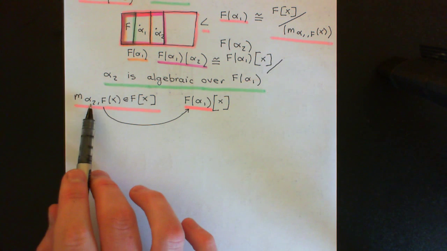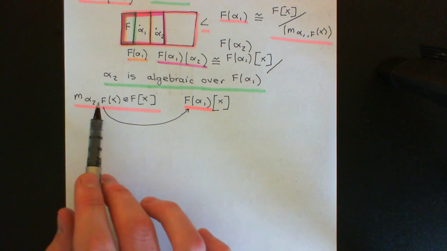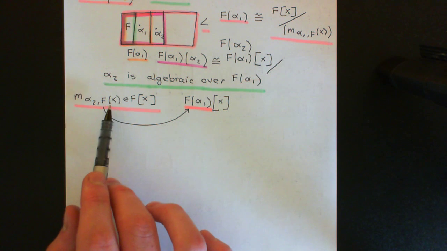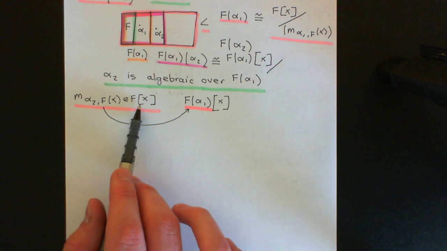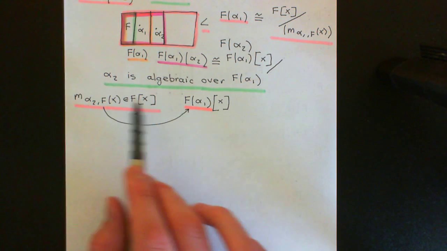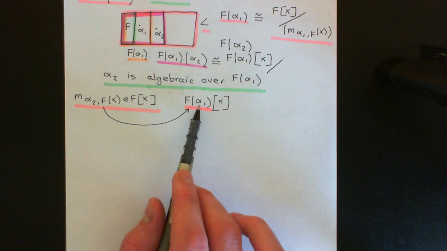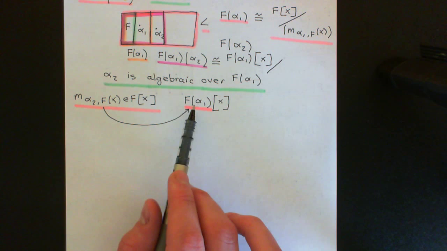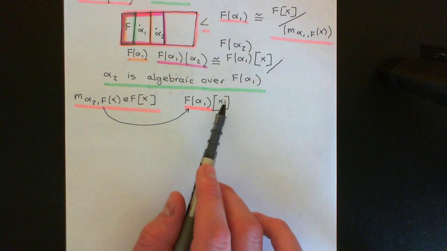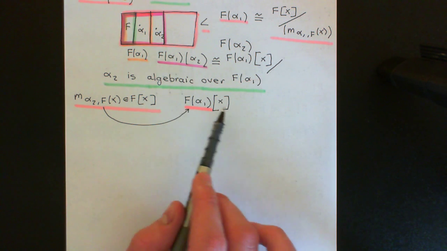This was the minimal polynomial for alpha 2 over the field capital F. This was the unique monic irreducible polynomial which had alpha 2 as a root in the ring of polynomials over the field F. It will still have alpha 2 as a root over here, but you don't know anymore that it's irreducible. You don't know that it doesn't split now in this larger ring of polynomials into two things that are non-units.